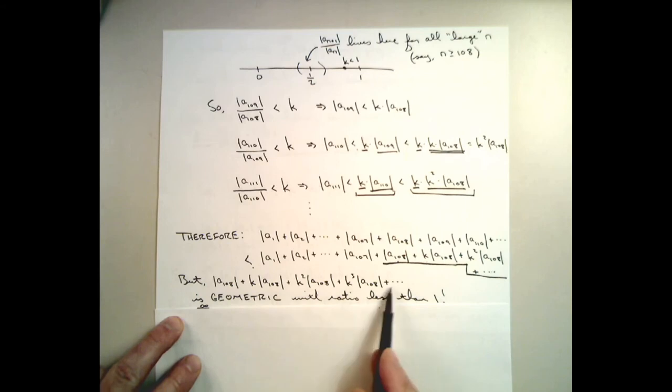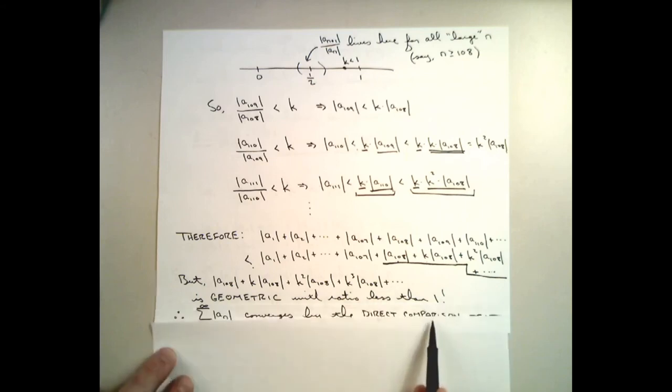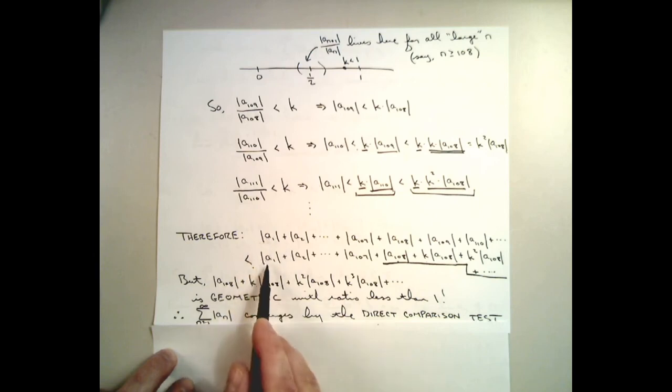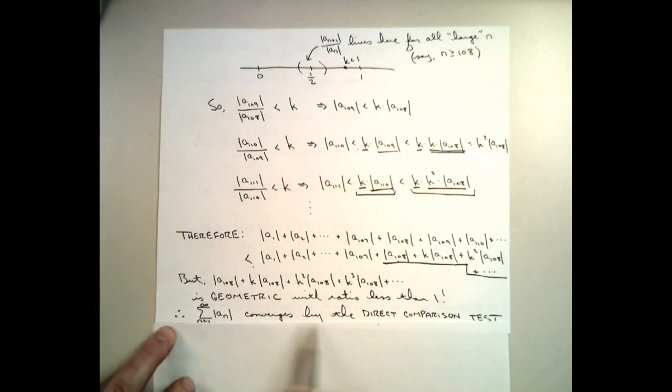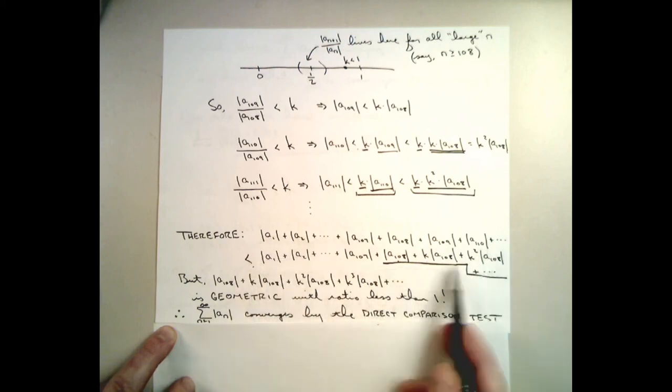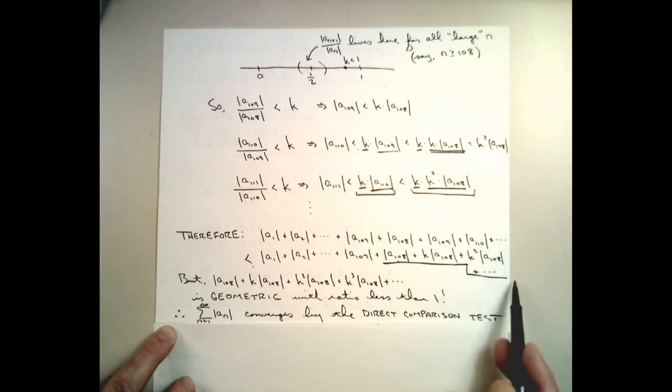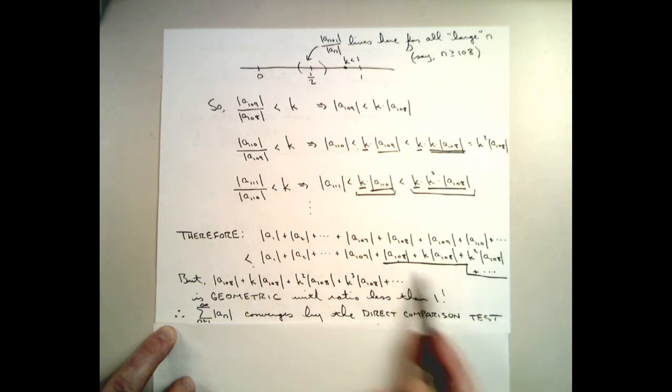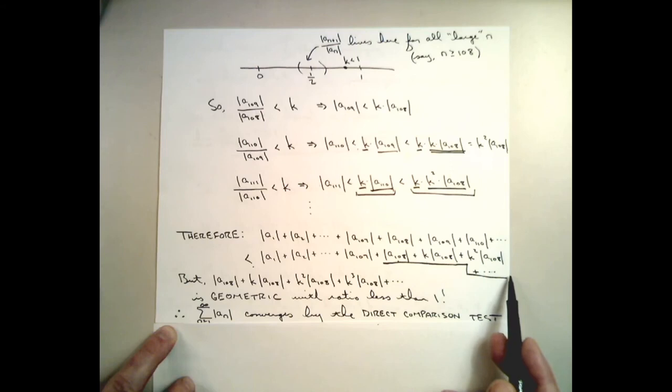Well, since this series is geometric with ratio less than 1, and since this series is smaller still, the direct comparison test tells me that the series I'm interested in converges, right? I'm comparing the series I'm interested in to this series which is eventually geometric, and series which are eventually geometric converge.